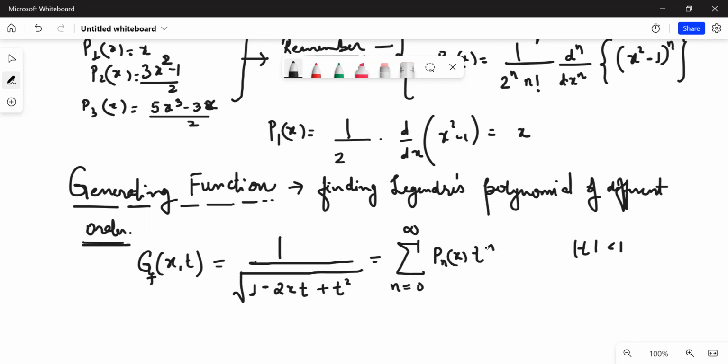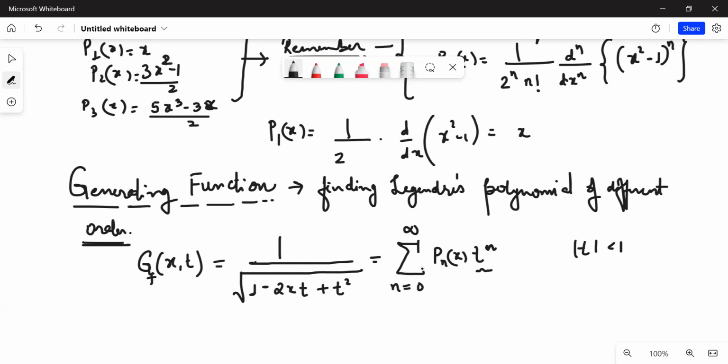Whatever term is associated with the power t to the power n is nothing but the Legendre's polynomial of order n. So one can indirectly find Legendre's polynomial from this also. Is that clear?